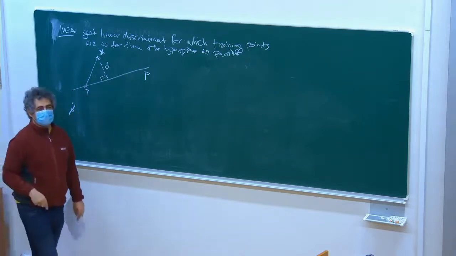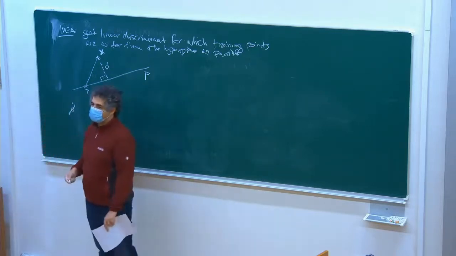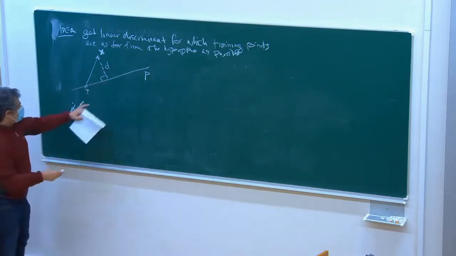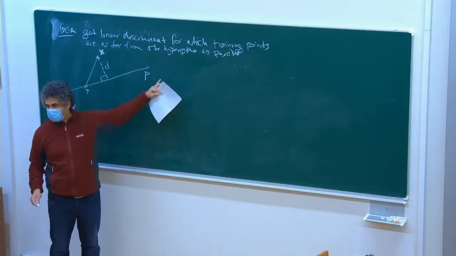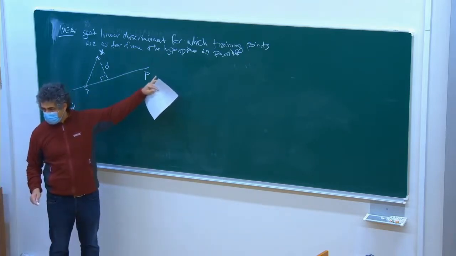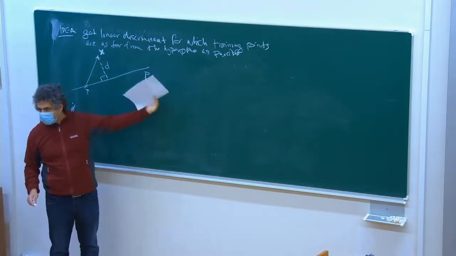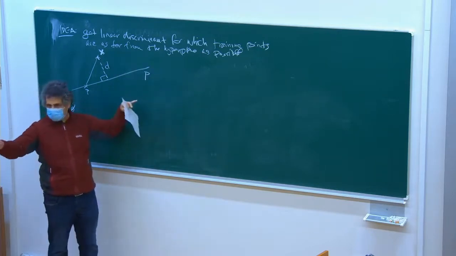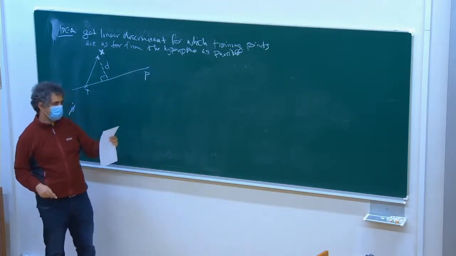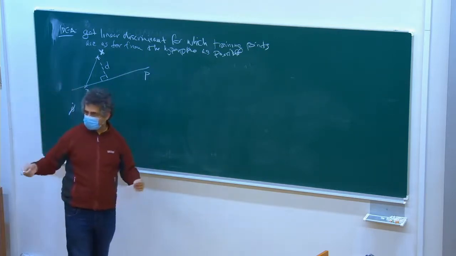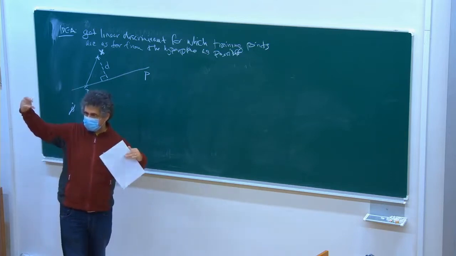Another question: how is this related to our vector? So this hyperplane is defined by what? By some parameters, right? By some vector theta and some term b.